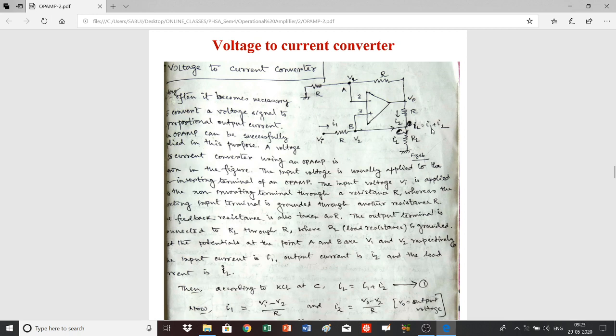That means IL is equal to I1 plus I2. You can also apply KCL to realize this relation, because the current entering the point C is I1, the current coming towards this point C is I2, and the current leaving this point C is IL. So according to KCL, IL will be the sum of I1 and I2.